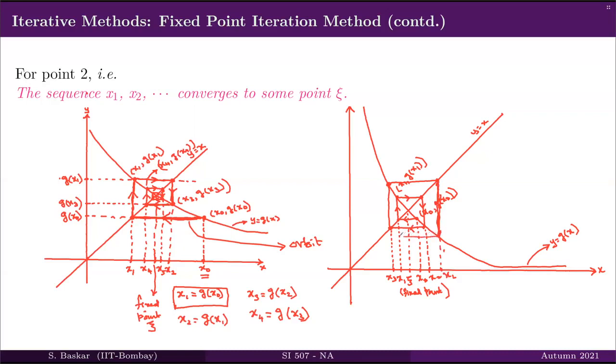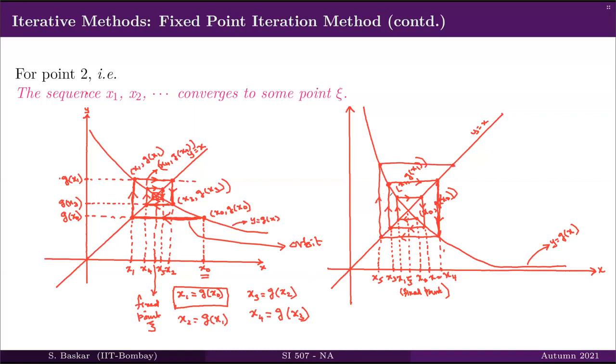Just assume that it's a straight line and go on to locate your x5. Again, put the arrows. This is your x5.